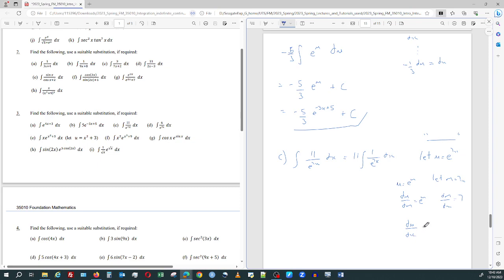And so we ask ourselves, once we put the chain together and do some manipulation, we'll have du is equal to 7e to the 7x dx.